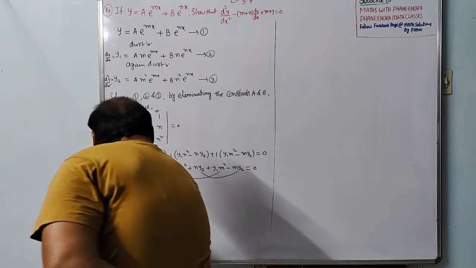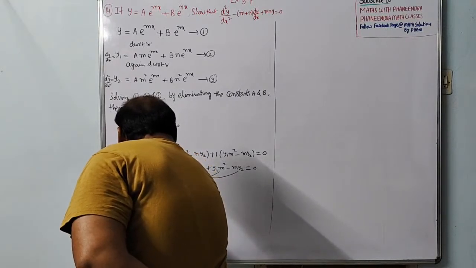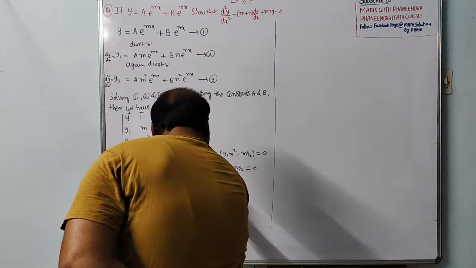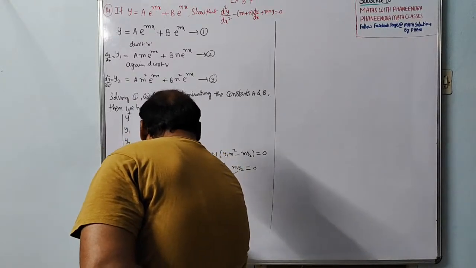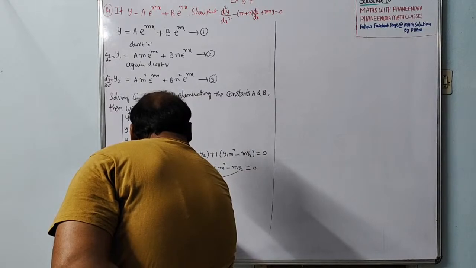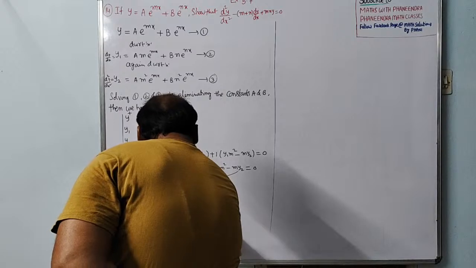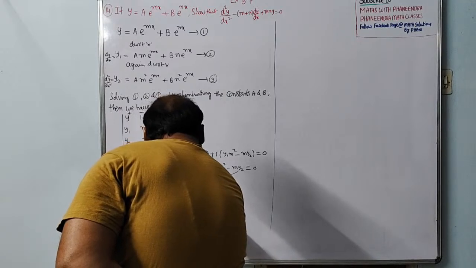So that implies mn into y into n minus m. From these two, minus take common y1 into n square minus m square, so n minus m into n plus m.